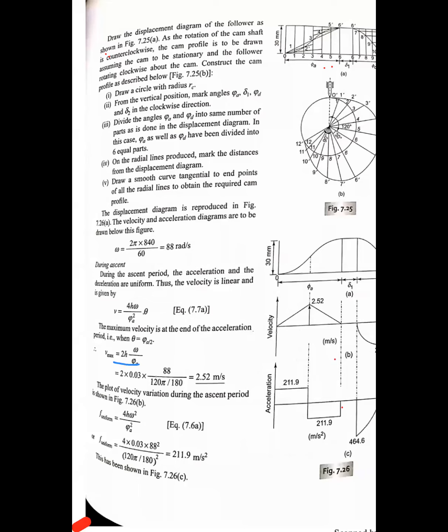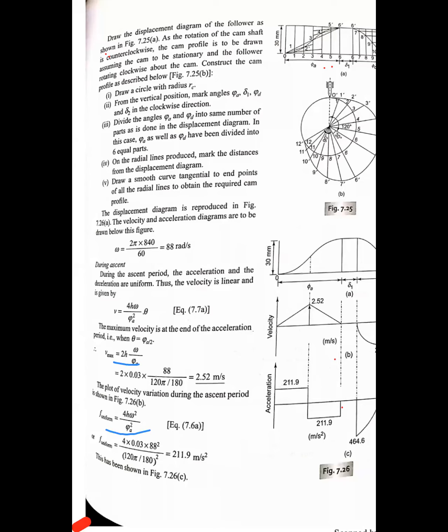Similarly, the acceleration during the outstroke period is 4 omega square s by theta naught square, and for the return stroke it is pi square omega square s by 2 theta naught square. So two formulas are required.